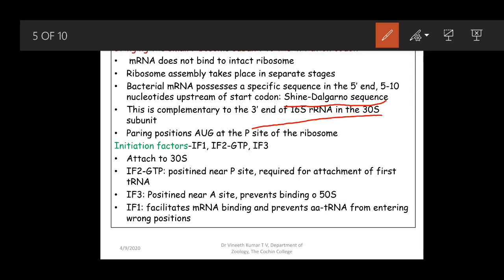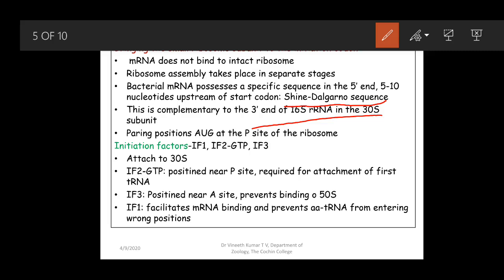Now coming to the other factors responsible for initiation, which are the initiation factors. These initiation factors are proteins which help in translation. There are 3 initiation factors in prokaryotic translation: IF, which stands for initiation factor, so initiation factor 1, initiation factor 2, and initiation factor 3.